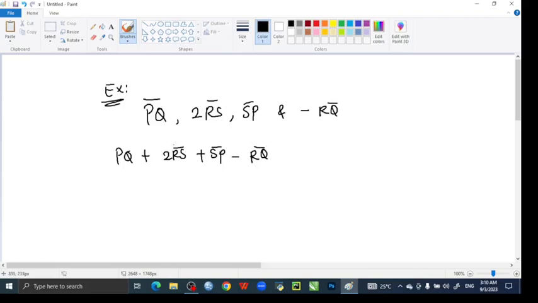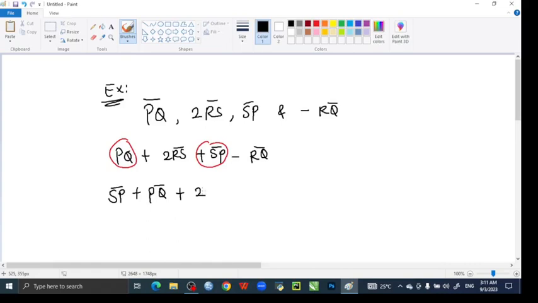Now to do this one is very simple. When you are doing this stuff, just check it in an alphabetical order. I will check the ones that have alphabetical order with each other. For example, if I pick this one and this one and put them together, I have SP plus PQ. You see that I'm arranging it in such a way that same letters are facing themselves, S and P are facing themselves.